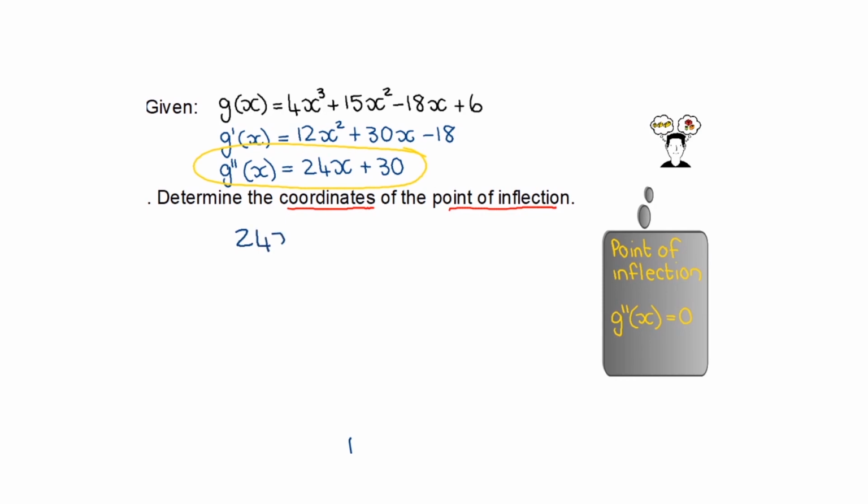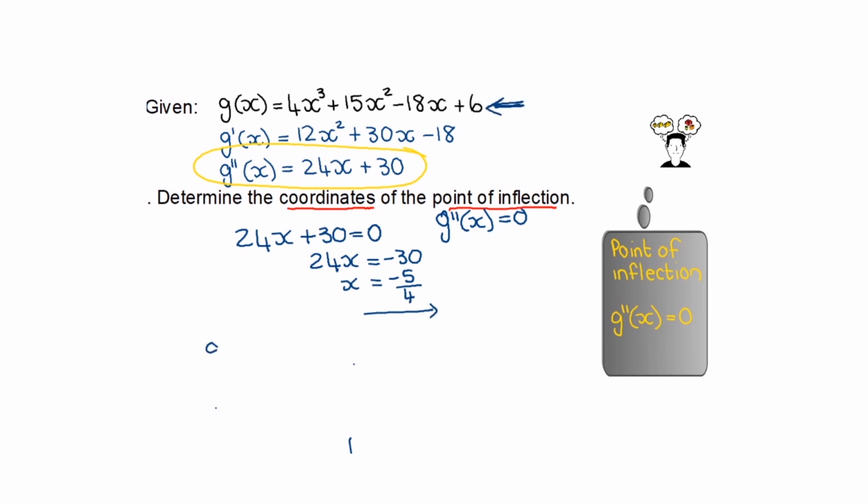The second derivative, we said in our previous question, is 24x plus 30, because the point of inflection will be where the second derivative is equal to 0. So it's where the 24x plus 30 is equal to 0. In other words, 24x is -30. And if I divide both sides by 24, I'll get -30 over 24, and if I simplify it, it's -5 over 4.